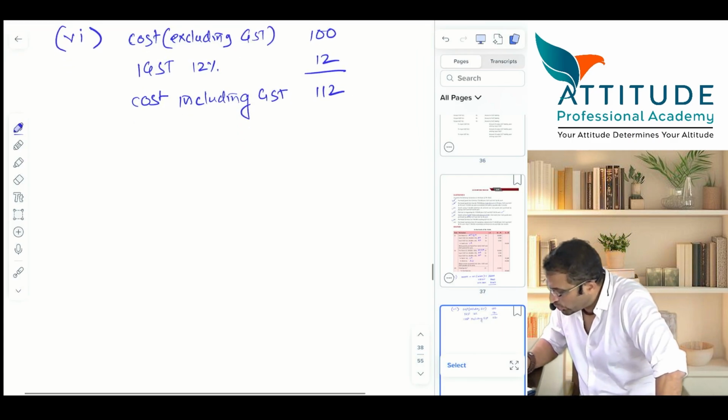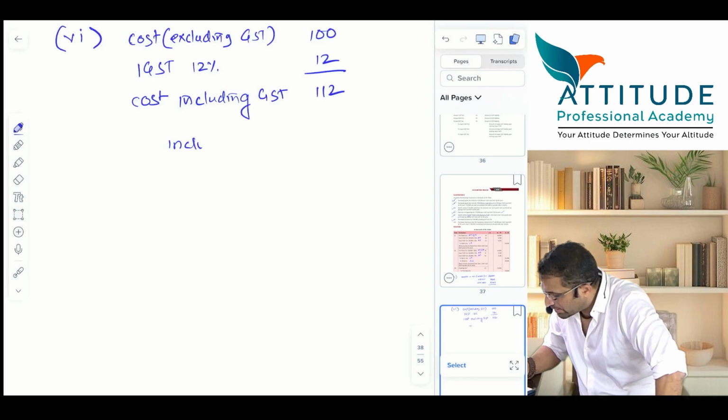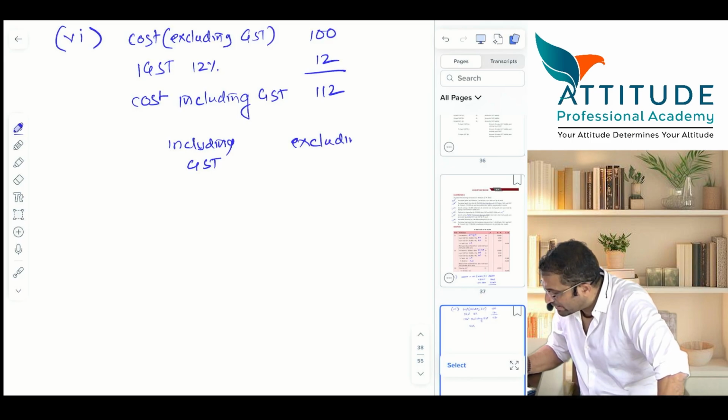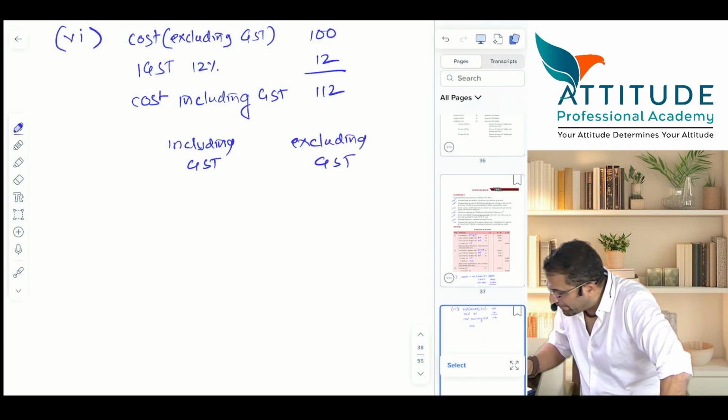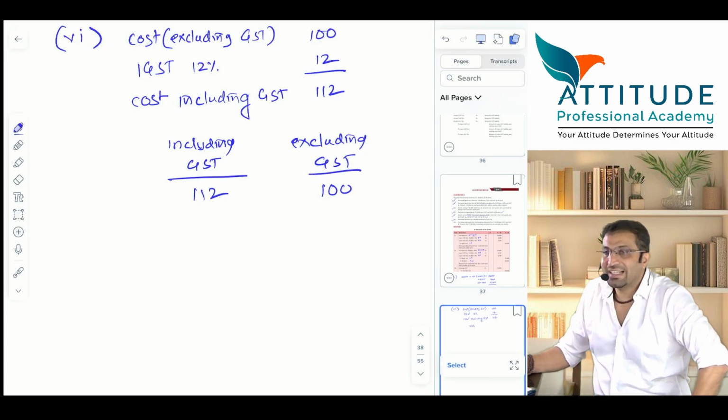Now write there 2 columns, including GST, excluding GST. Tell me, if I put here 112, here it is how much? 100. अरे बराबर है ना?